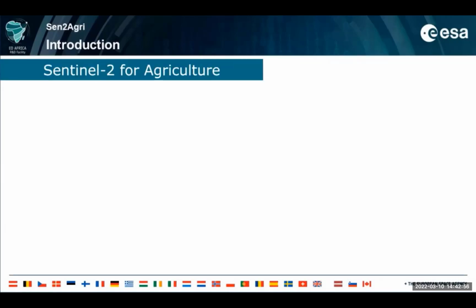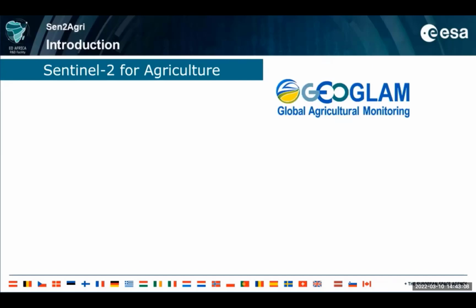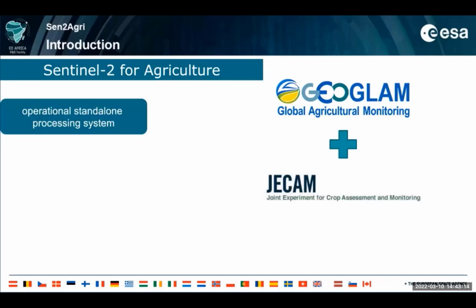Sen2Agri is an acronym of a software called Sentinel-2 for Agriculture, which is an open-source system launched by ESA as a major contribution to R&D and national capacity building components of the GEOGLAM initiative and GCAM network activities. It is a standalone application operating under GNU General Public License and compatible with Linux-based environment.